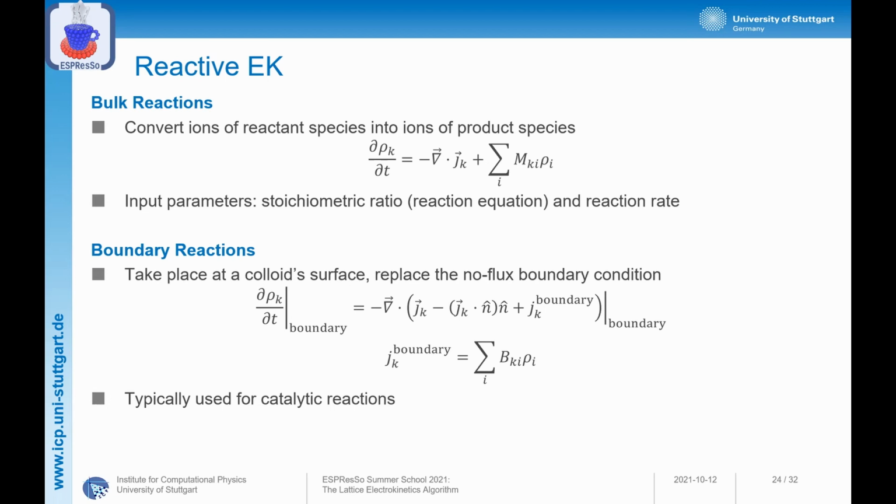So basically, you have a catalyst, and only at the surface of the catalyst can the reaction take place, like platinum absorbs hydrogen or something like that. And in that way, you get a net flux into the boundary of species A and the outflux of species B. Okay, so now where can these be used?